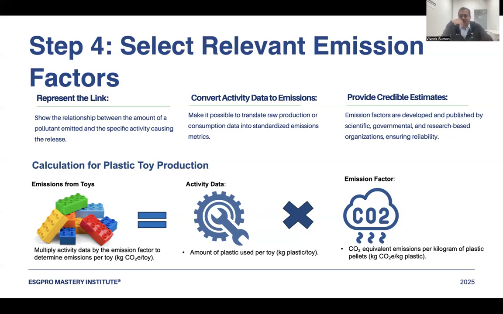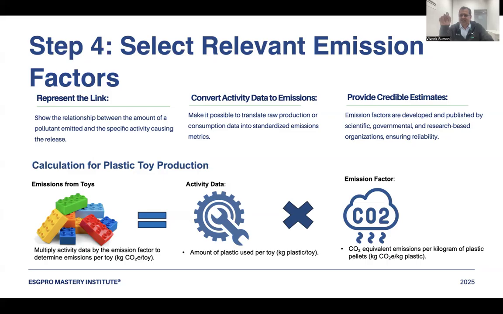Here, for example, we are doing Lego toy manufacturing. What we will do here is check the emission factor, the carbon dioxide equivalent emission per kilogram of plastic pellets. That number I will get from either DEFRA or EPA, whatever database I am referring to.